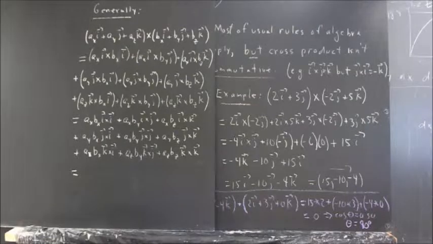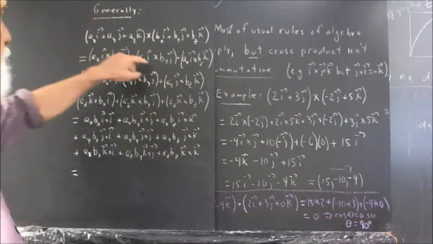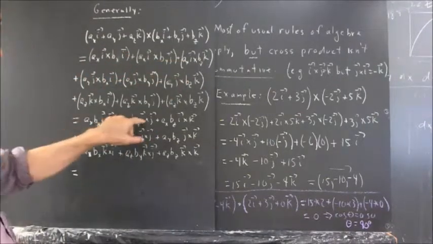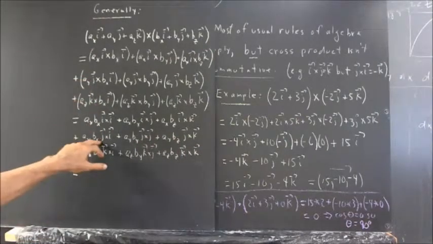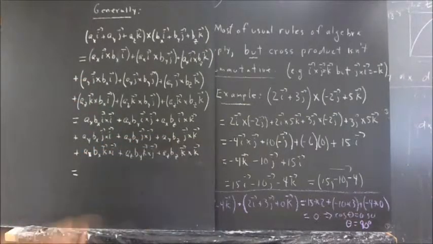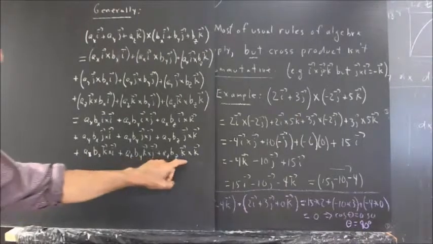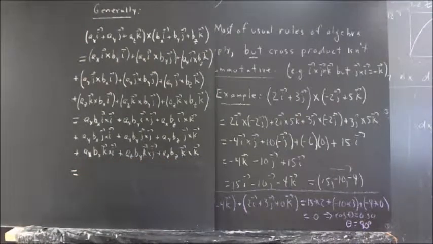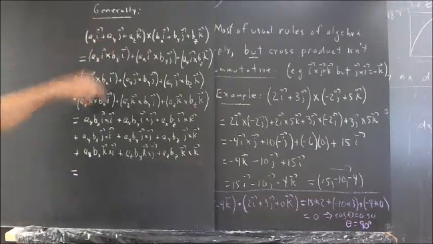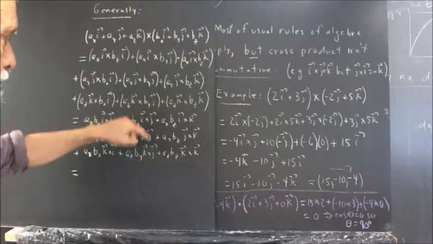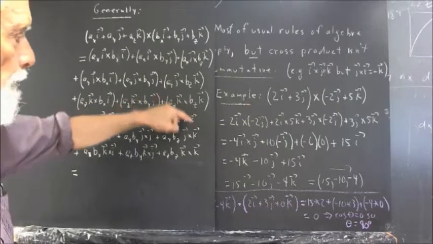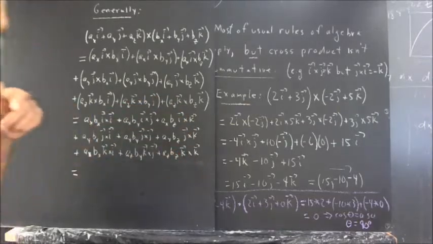Okay, I've written it out, and if you've written it out and checked it, you want to check that you have i for your first vector in each of these cross products. We do. j for the first vector in each of these. We do. k for the first vector in each of these products, and we do. And then i for the second vector, here, here, and here. j for the second vector, here, here, and here. k for the second vector, here, here, and here.